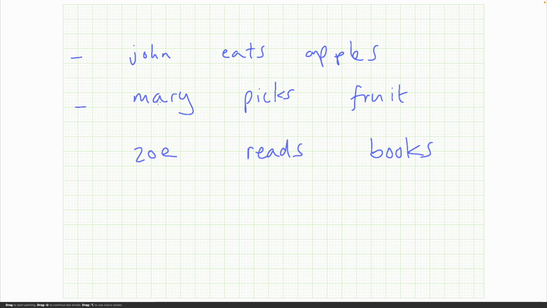And the next sentence is Mary picks fruit. The next one is Zoe reads books. We could try another one. We could say Sophie bites bananas. That'll do for now.